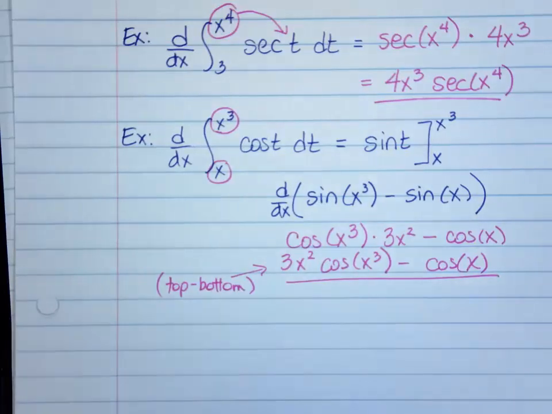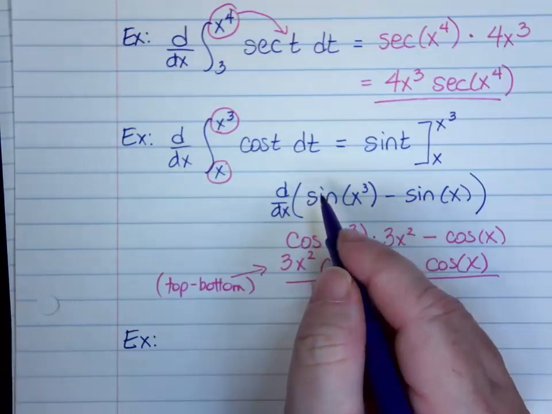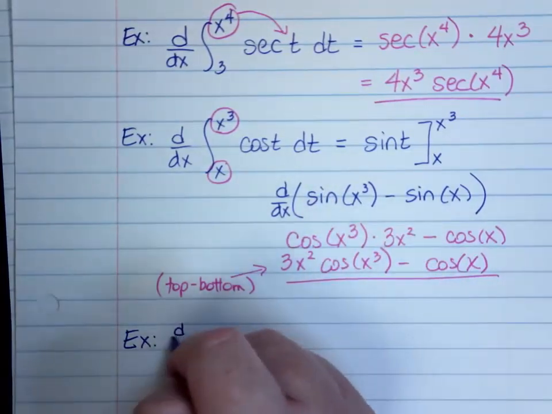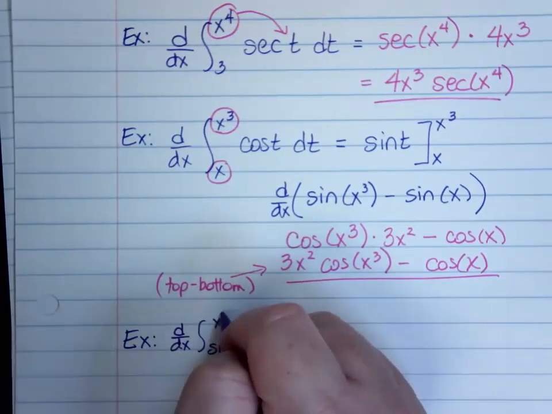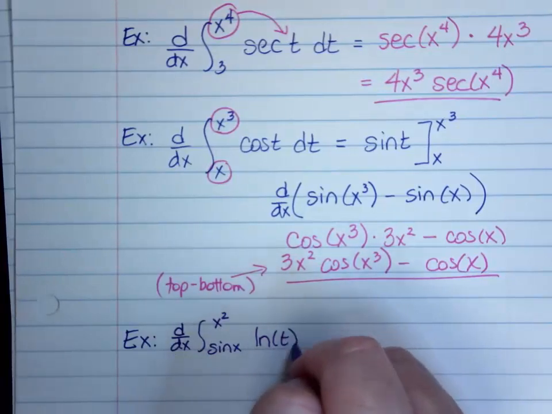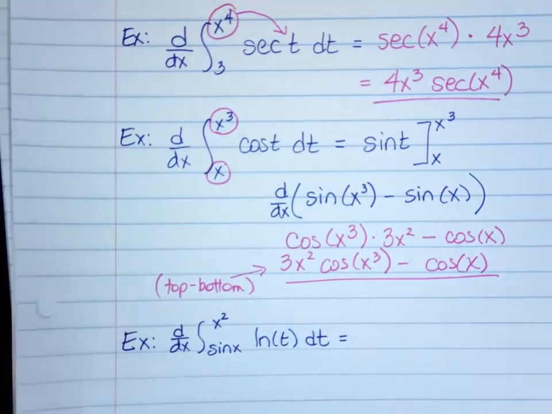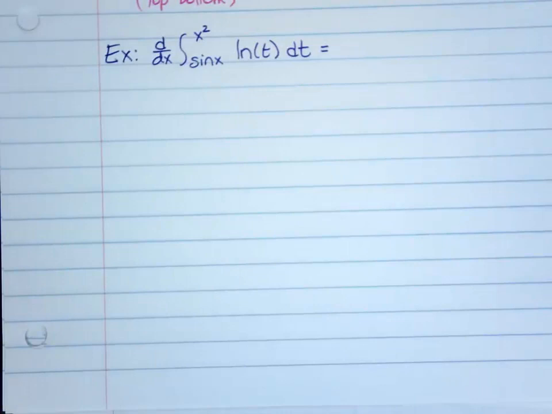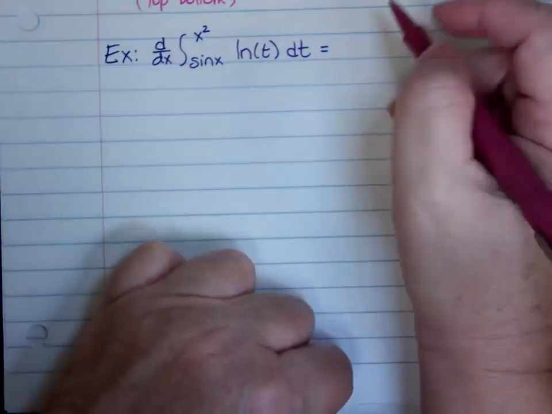So, I'm going to do one more of these with the shortcut, and then you're going to do one. d/dx of the integral from sine of x to x squared of ln of t dt. I'm going to scoot it up. We're going to do this one together, and then you're going to do it by yourself. All right. Which one do I plug in first? The top one.